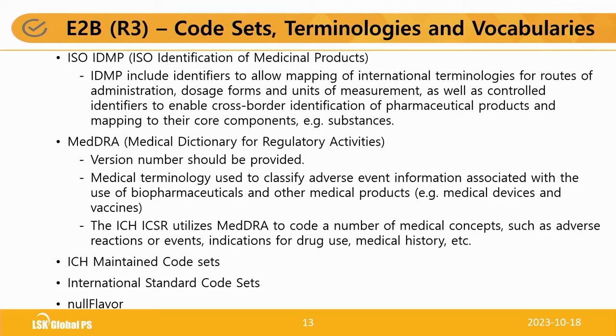And the MedDRA code for the tests or the exams that were conducted are also coded. So this requires even more fields than we had when we were doing the large-scale reporting in the past.